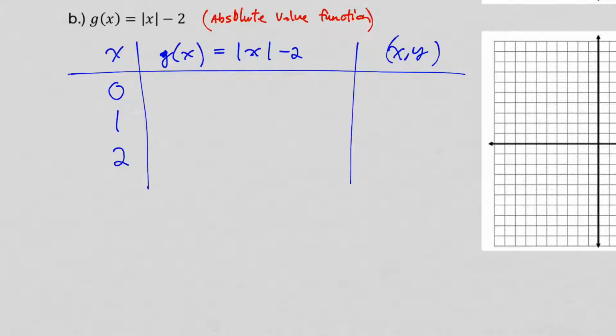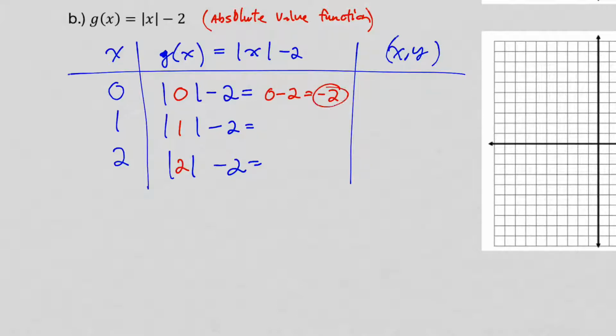So you get started and say, okay, I'm going to put in a 0 here, I'm going to put in a 1, and I'm going to put in a 2.